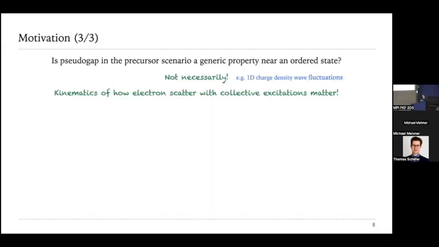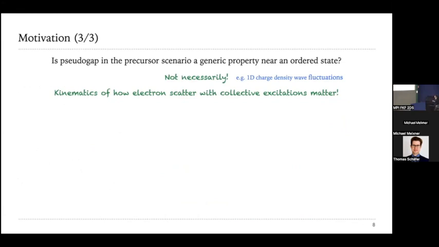And a third motivation is to ask a general question. Is pseudogap in the precursor scenario a generic property near an ordered state? The short answer is it is not necessarily true.